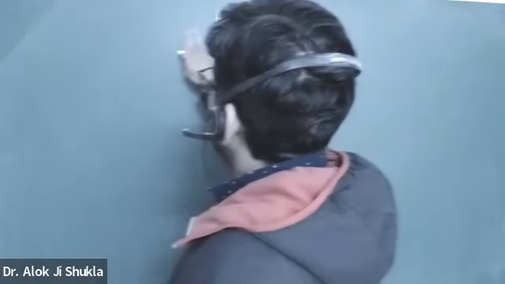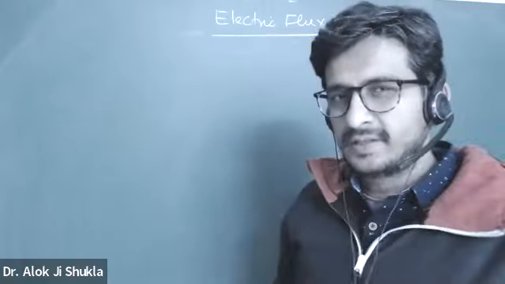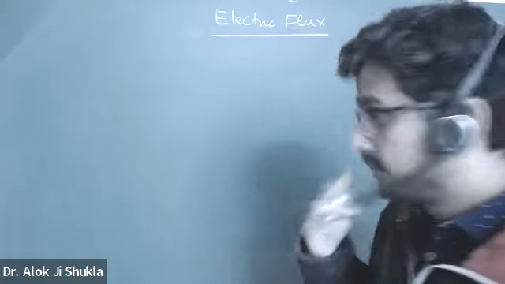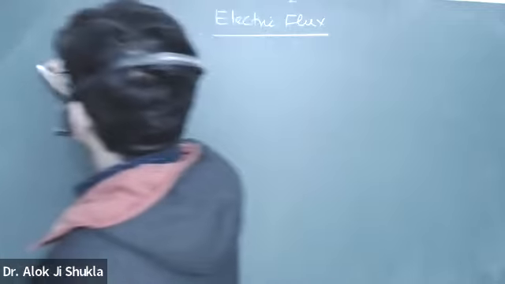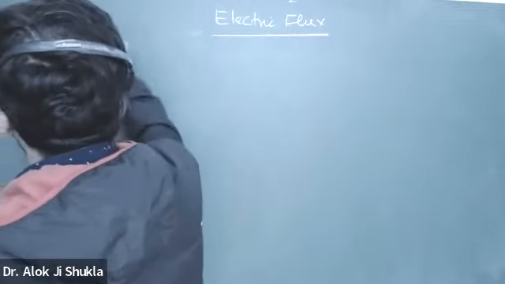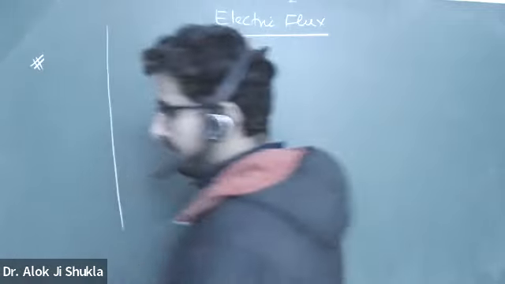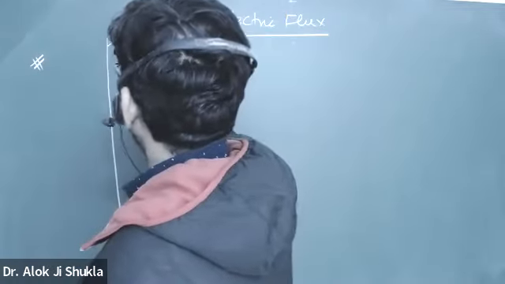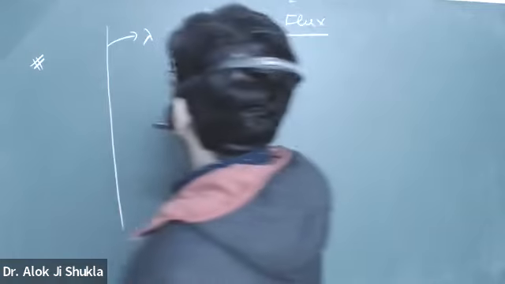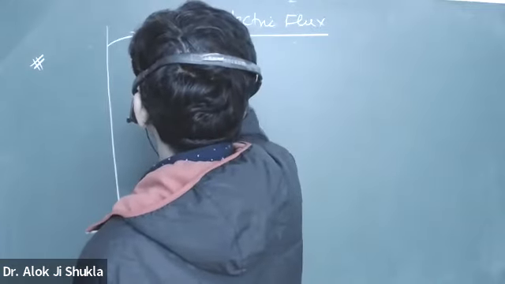Now to begin with, let us take some basic structures and apply Gauss theorem to them. The first one: suppose there is an infinite line charge distribution, lambda. Please understand why infinite is important.